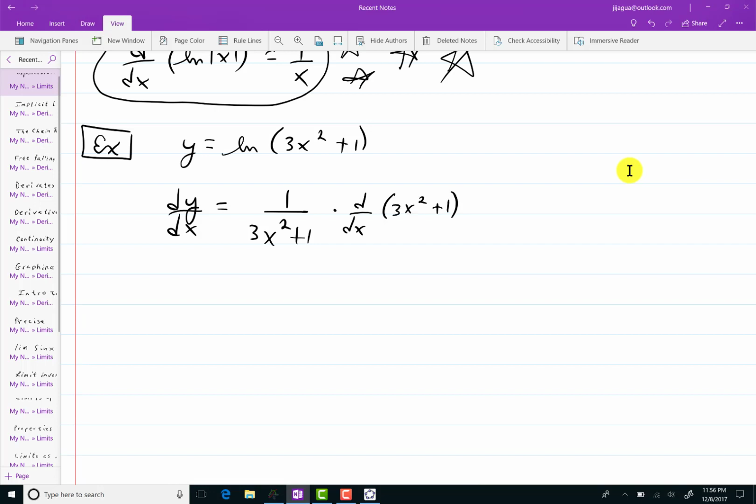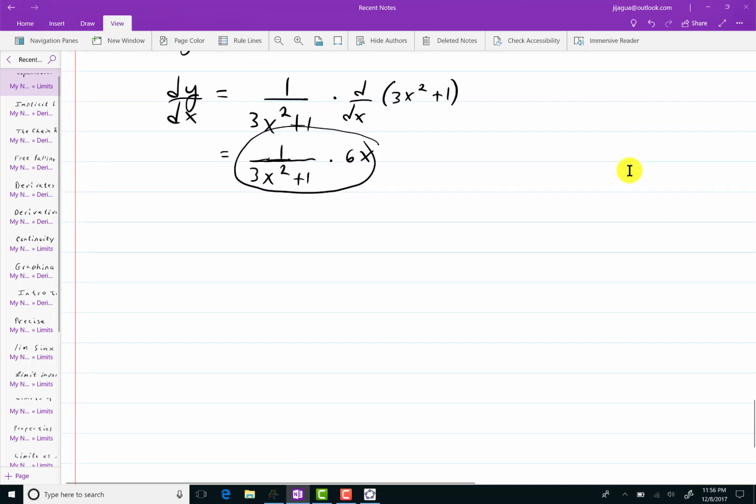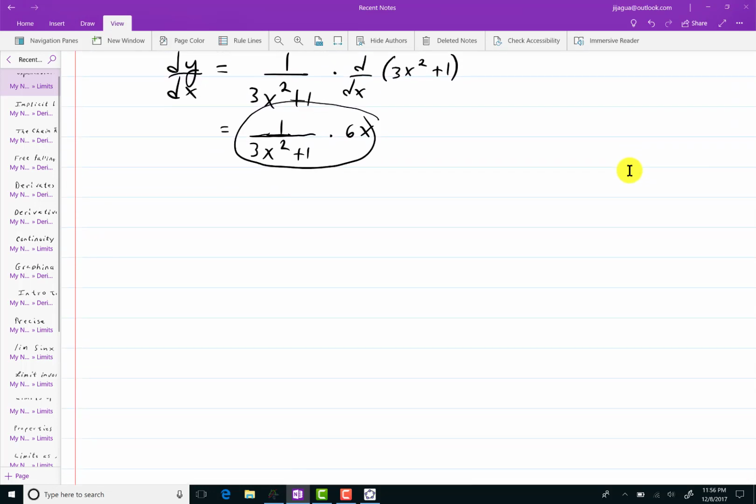Now let me clean it up a little bit. 1 over 3x squared plus 1, times 6x. And there's no reason really to simplify any further. I'll do simplifying only if I'm going to use my results in a future calculation. But for these, where the answer is where you're trying to get to, just leave it as it is.